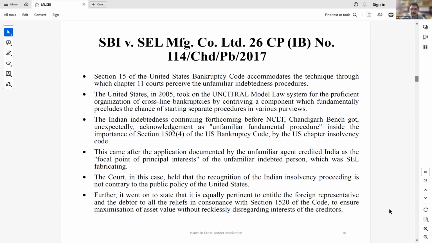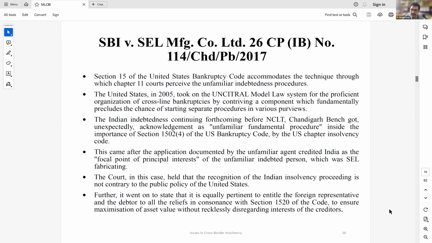Then the Cell Manufacturing case, as some of you might be aware. There was insolvency of this manufacturing company in NCLT Chandigarh, and the NCLT Chandigarh admitted the insolvency, and a moratorium was imposed.